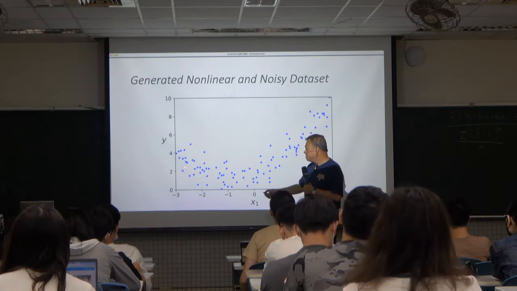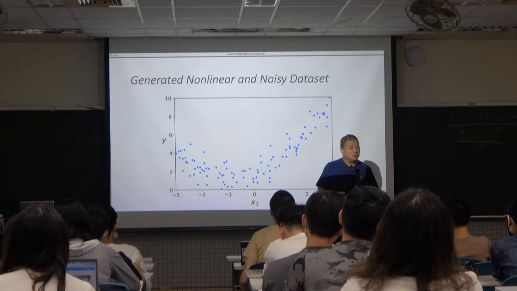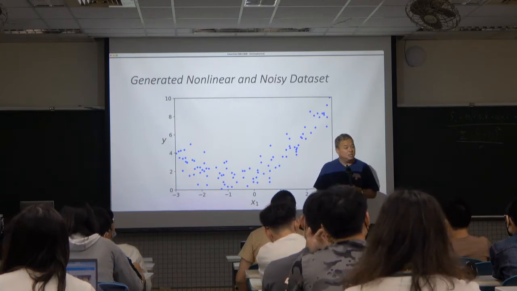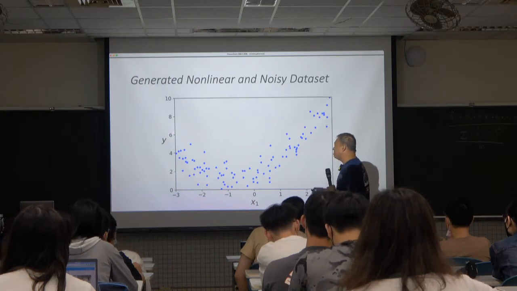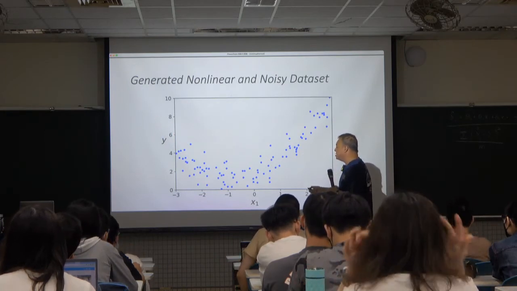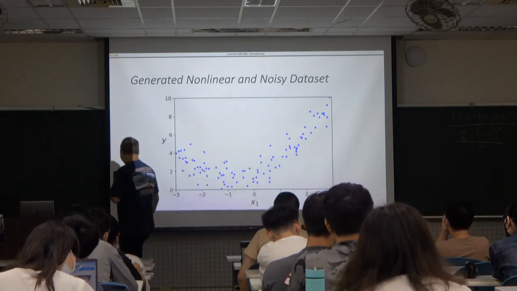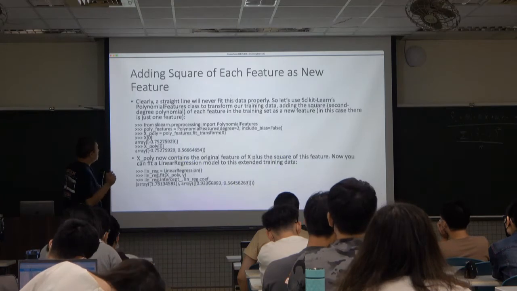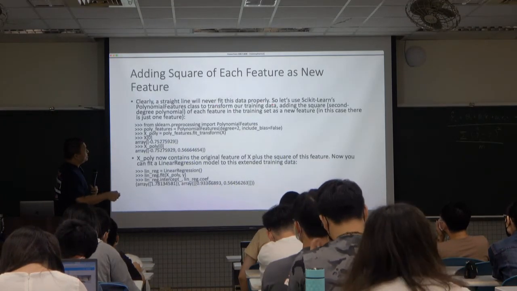But obviously, if you use a linear equation, it doesn't look good, right? If you try to draw a line, there's no straight line that can fit this set of points very well. So a straight line will never fit this data properly.